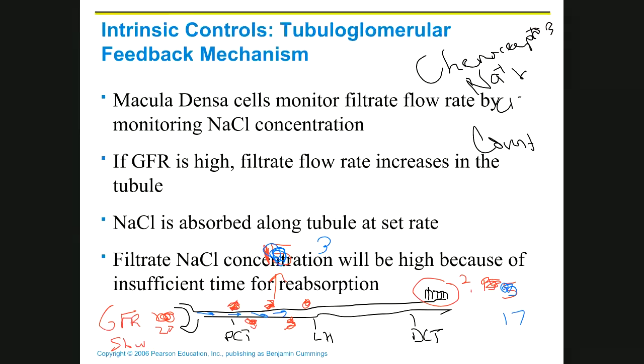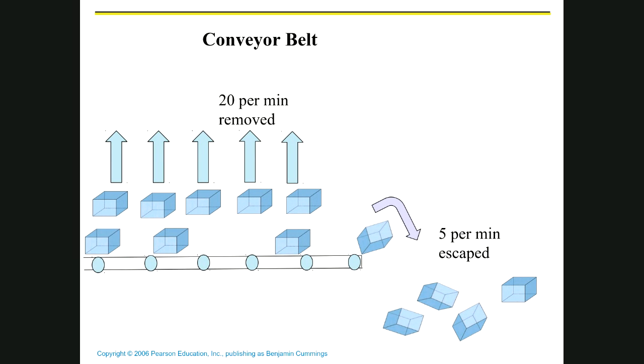But if it's going really, really slow, I got that one out, and I've got time to grab another one. And I got that one, and I got time to grab another one. This number is going to go down. Does it make sense? So it's kind of like a little conveyor belt, sort of.